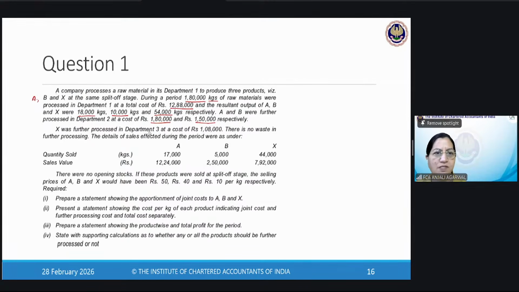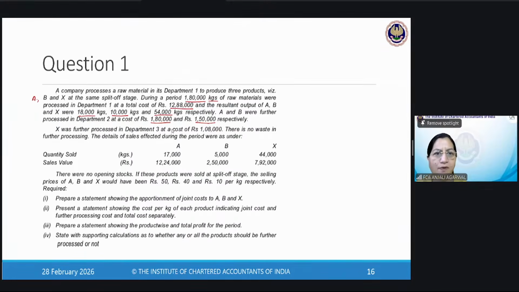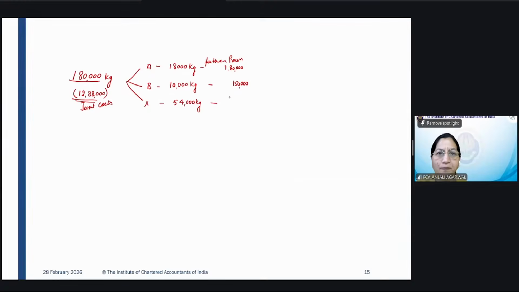Then X is processed in Department 3 at a cost of 108,000. There is no waste in further processing. Important. This is also processed for 108,000. And the important line is that we have seen that a substantial amount was lost in the process.